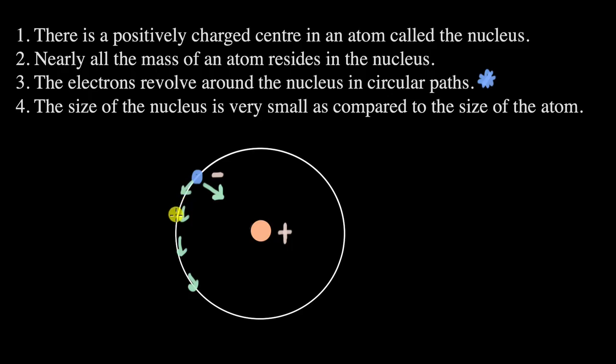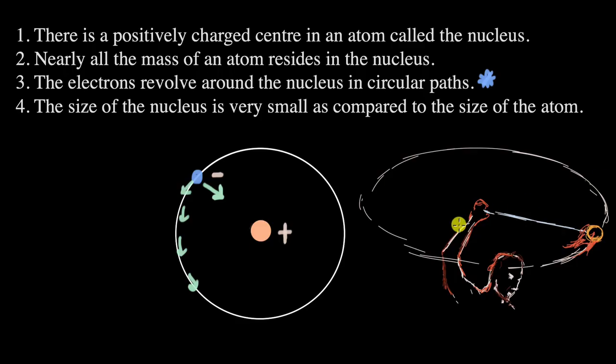We won't really go into that right now, but you can say that because there is a force being experienced by the electron which is directed towards the center, there must also be an acceleration in that direction, right? The same is true for any system which is undergoing a circular motion. Let's say you have a ball tied to a string and you are making the ball go in circles. Imagine what is the force that is experienced by the ball.